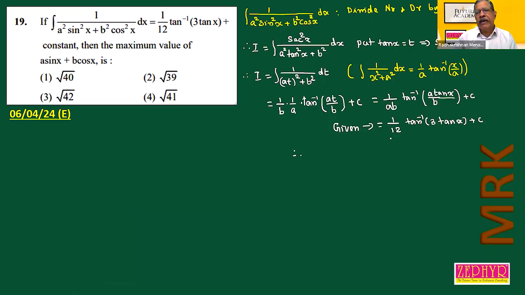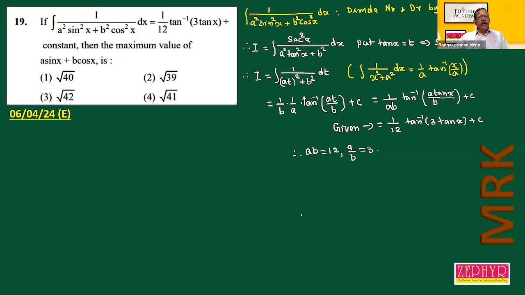Therefore, 1 by AB is equal to 1 by 12, so AB is equal to 12. In the place of a by b, we have got 3, so a by b is equal to 3.